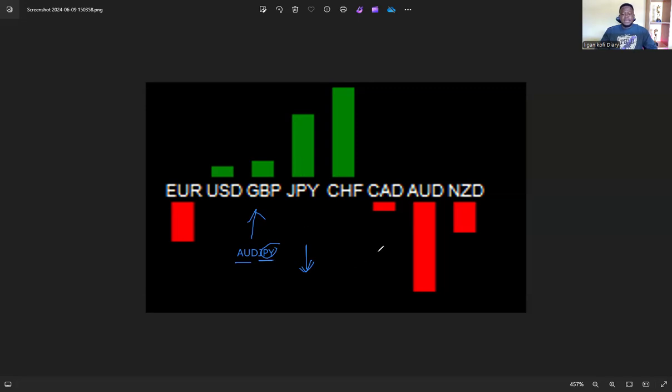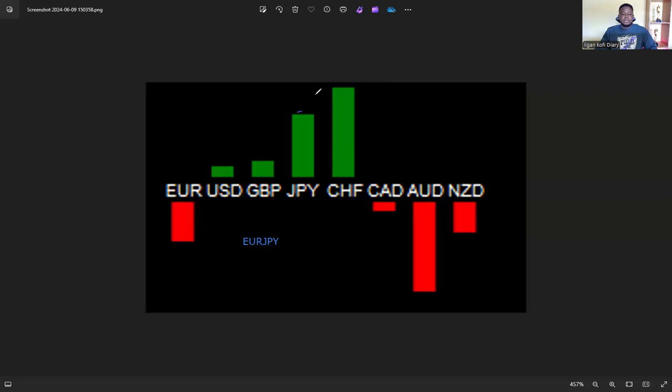Good. The next currency you can pair is Euro JPY. So if you pair Euro JPY, let me try clearing the AUD one. If you look at Euro JPY, in this case, JPY is the strongest and Euro here is the weakest.